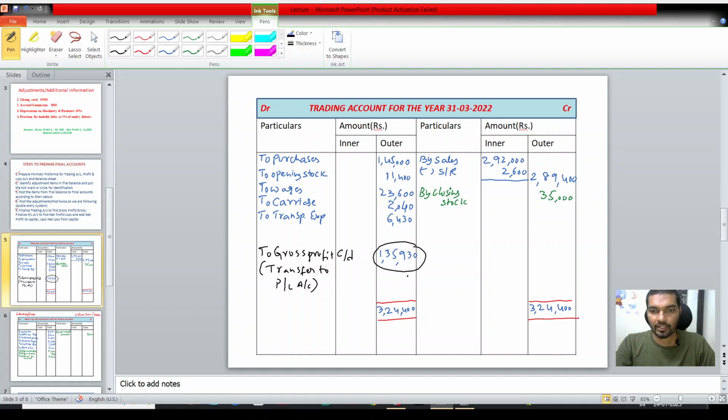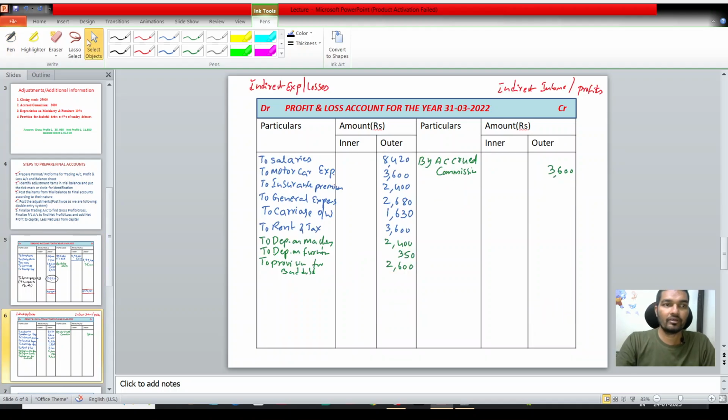So this 1,35,930 we have to transfer to the profit and loss account by gross profit brought down.